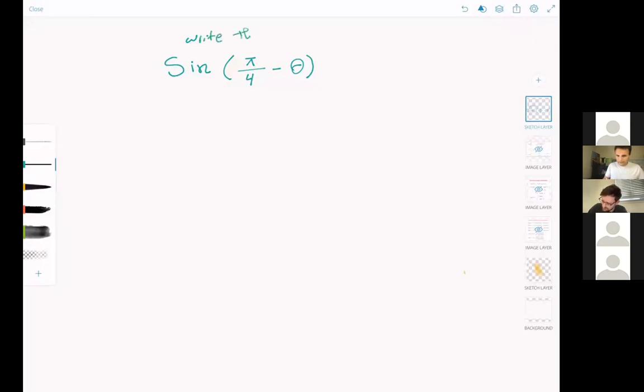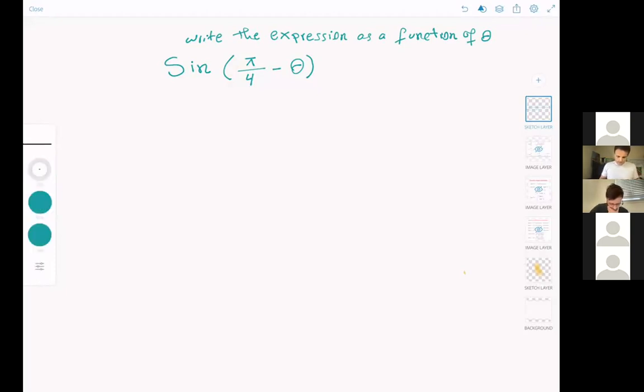Write the expression as a function of theta. So when you see a question like this, we have minus here, correct?